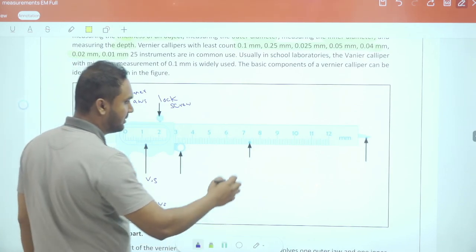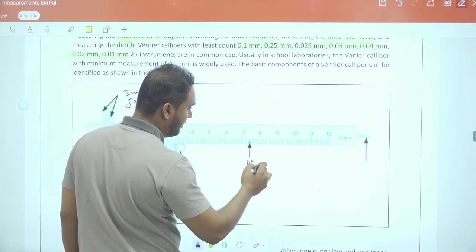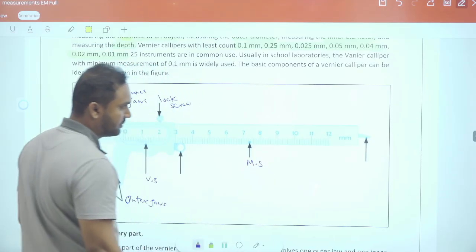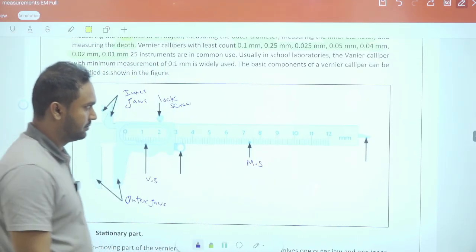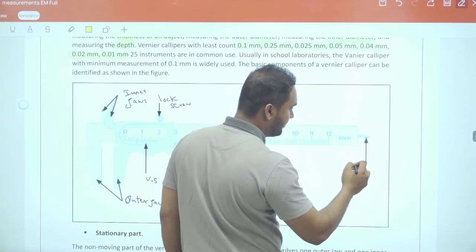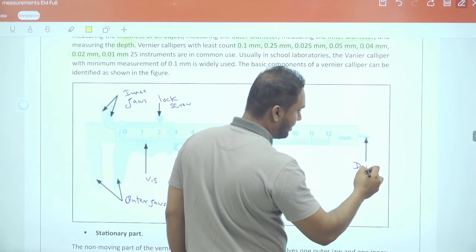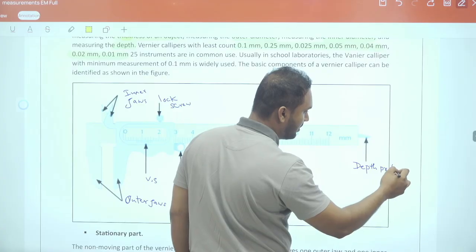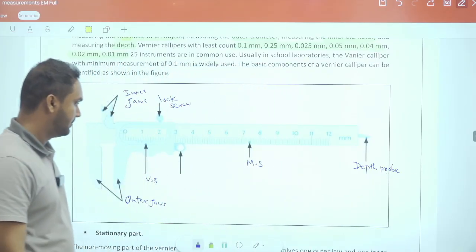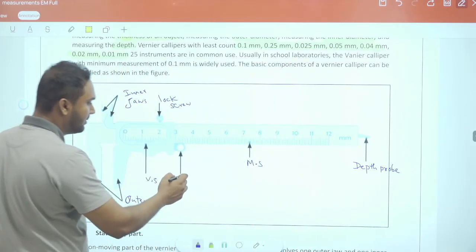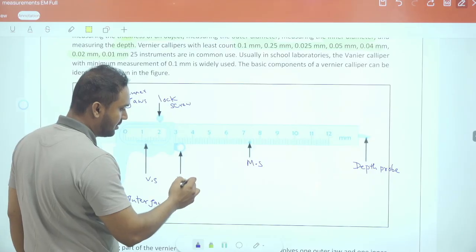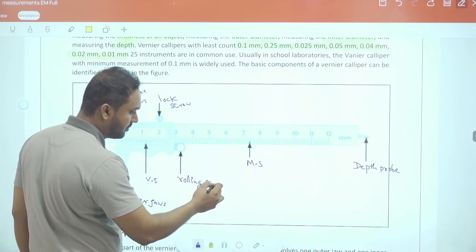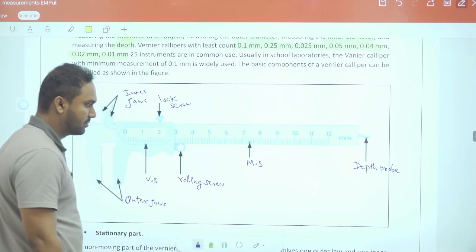And what is this one? Main scale. This one is the depth probe. This one is the rolling screw.